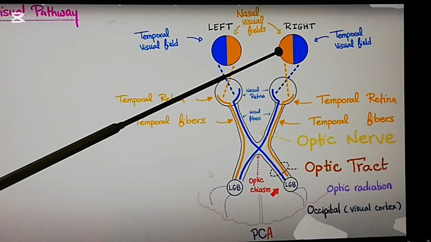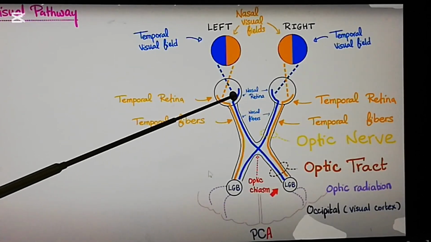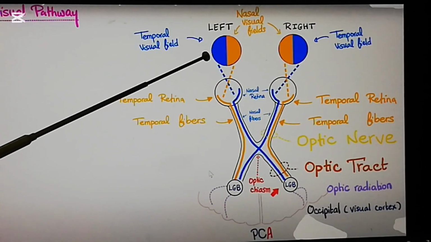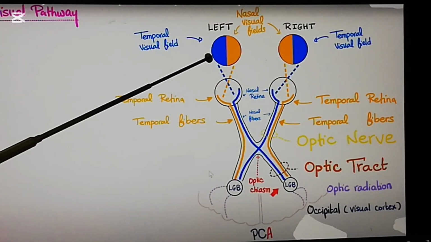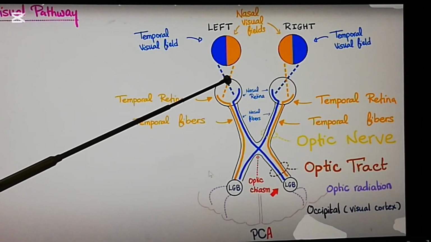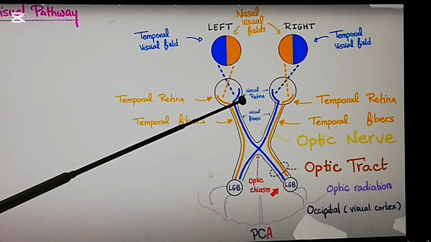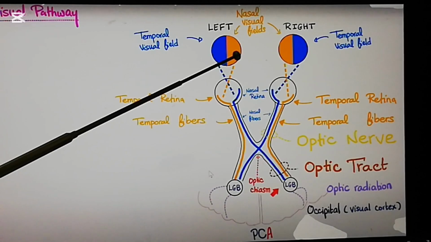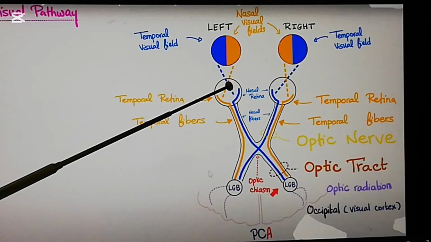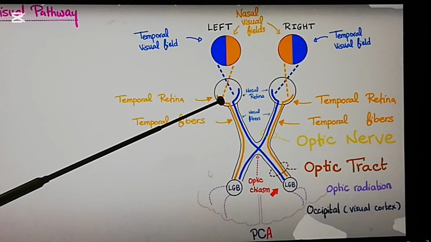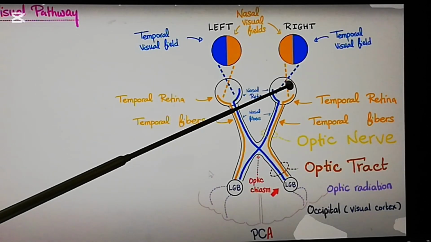And as we have learned, within the retina the fibers are reaching accordingly, let me revise: the temporal visual field will hit the nasal fibers of the retina and the nasal visual field will hit the temporal region of the retina. Same is in the other eye.